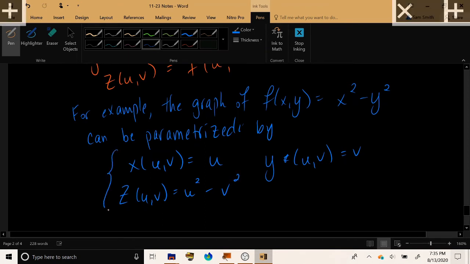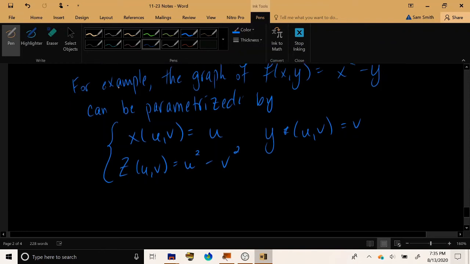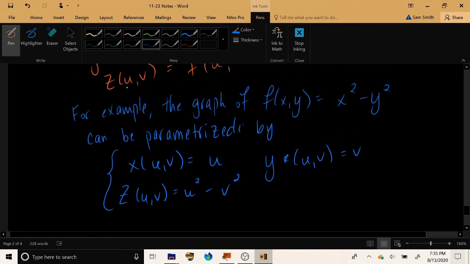This is a very typical go-to parametrization for the surface obtained by graphing a function. So here are a few quick examples to solidify the idea, and you'll encounter many, many more.